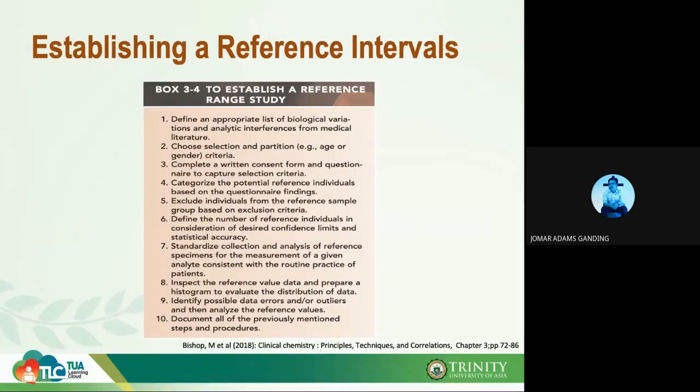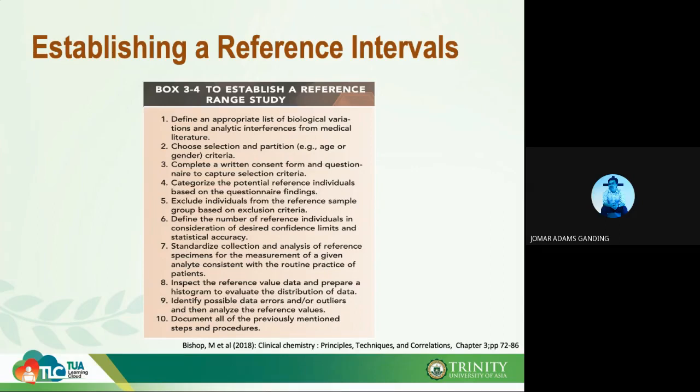And when I say our own reference range, it depends upon your age, your gender, your ethnicity, your background. There are a lot of things that we need to consider in having a reference interval. To make things clearer, take for example, the reference interval of Americans is not applicable all the time to Filipinos.